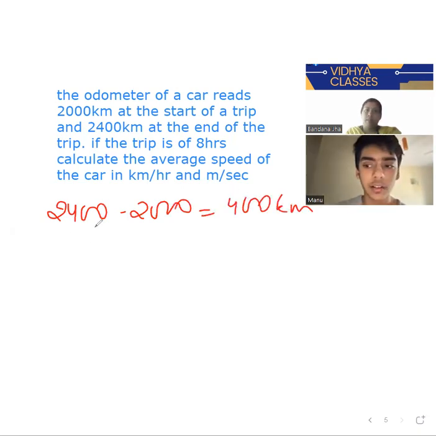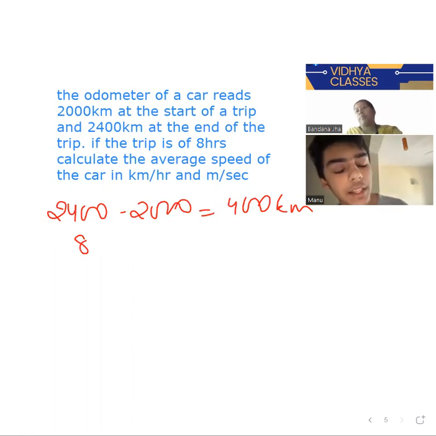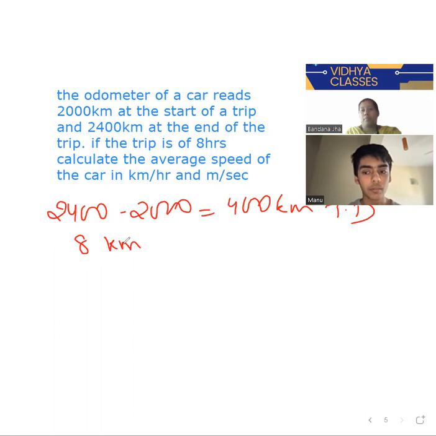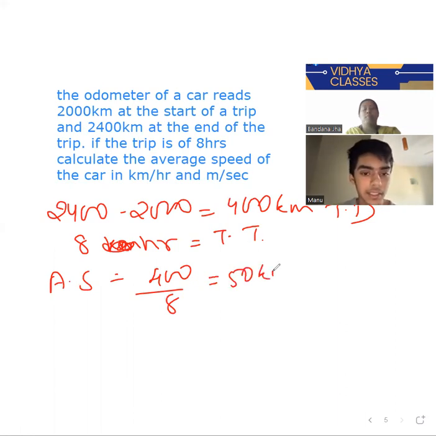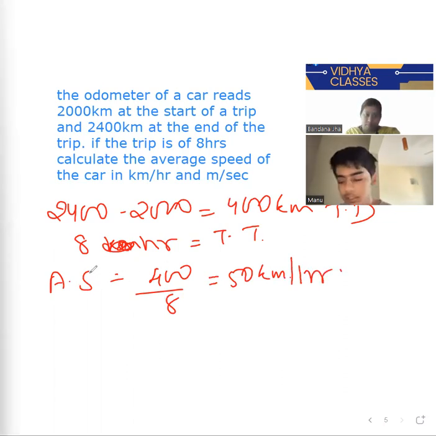Every kilometer equals 1000 meters. So 50 times 1000 will give me 50,000. And every hour equals 3600 seconds. So 50,000 divided by 3600 will give me approximately 13.8 or 13.9.